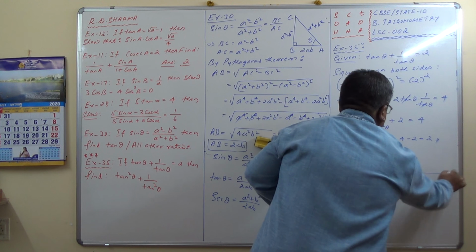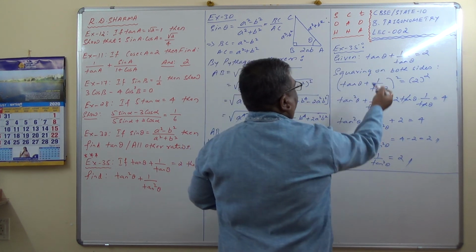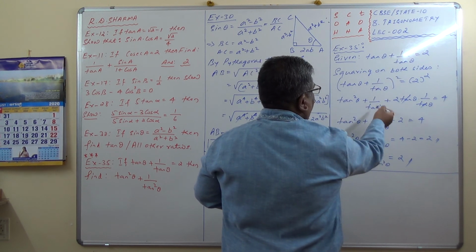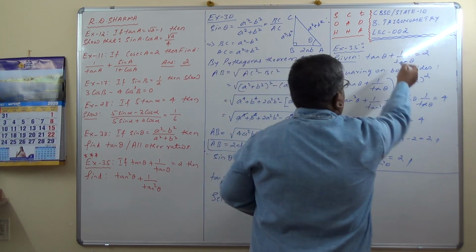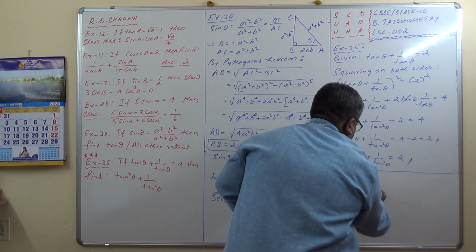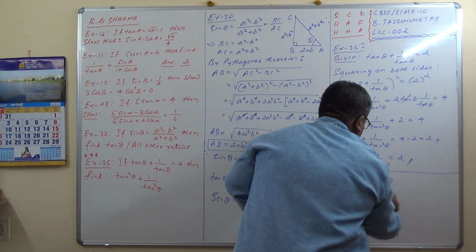What is the question? You need to find out the value of tan square plus 1 by tan square. So given that tan theta plus 1 by tan theta equals 2. Take LCM.